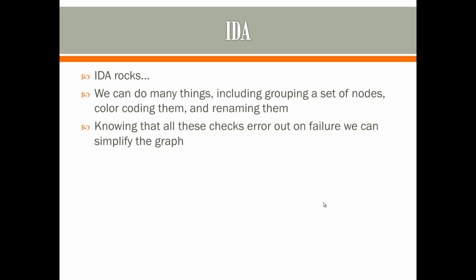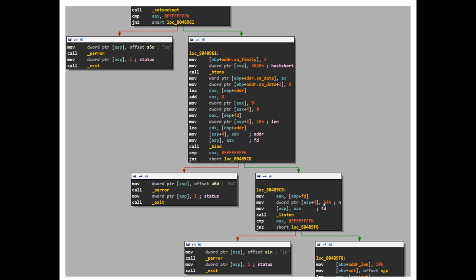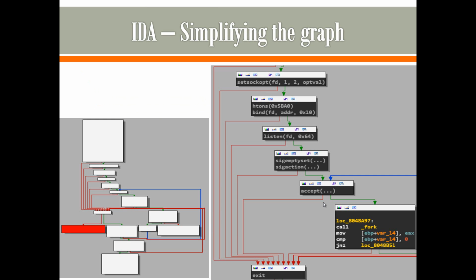Knowing that all these checks error on failure, we can simplify the graph if you're in a situation like this. So here's the graph that we saw previously, and in this case we just simplified it a little bit. In a basic block right here, we know that set socket option was being called, and over here bind was being called.